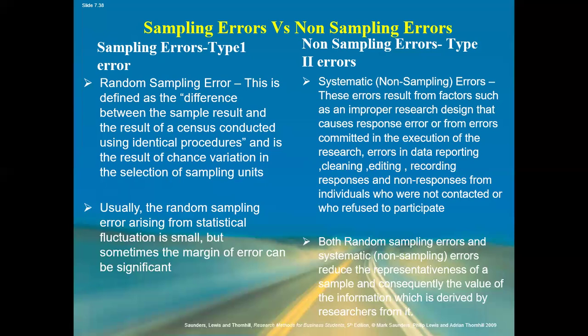But the type 2 error is because of all the errors other than the statistical errors, like respondent biases when you are collecting data from the sample, researcher biases, typing mistakes, printing mistakes, and analytical mistakes. Everything belongs to the type 2 error, or the non-sampling error.